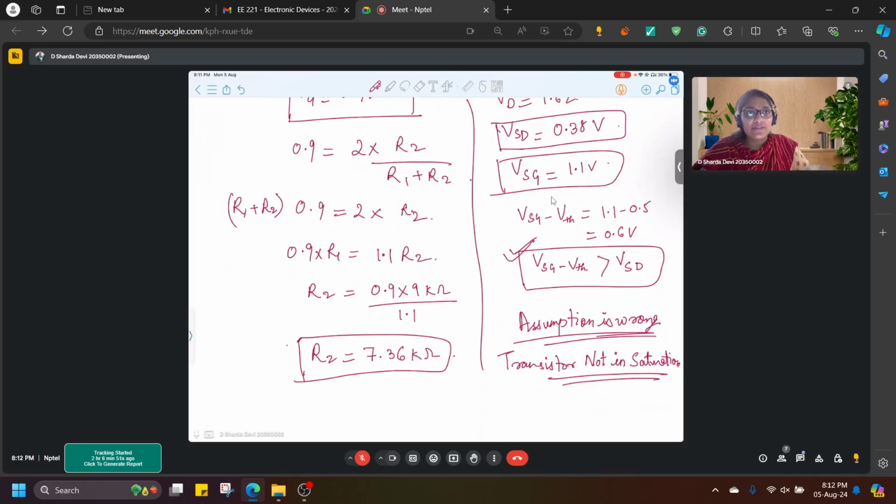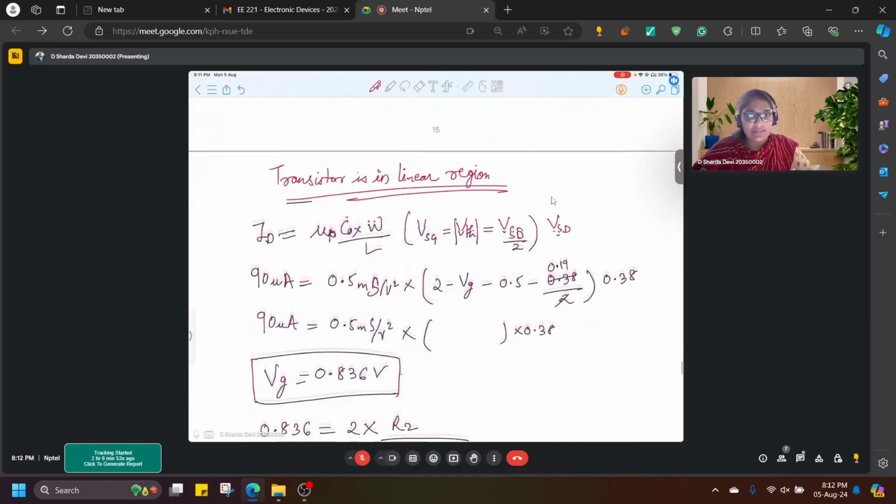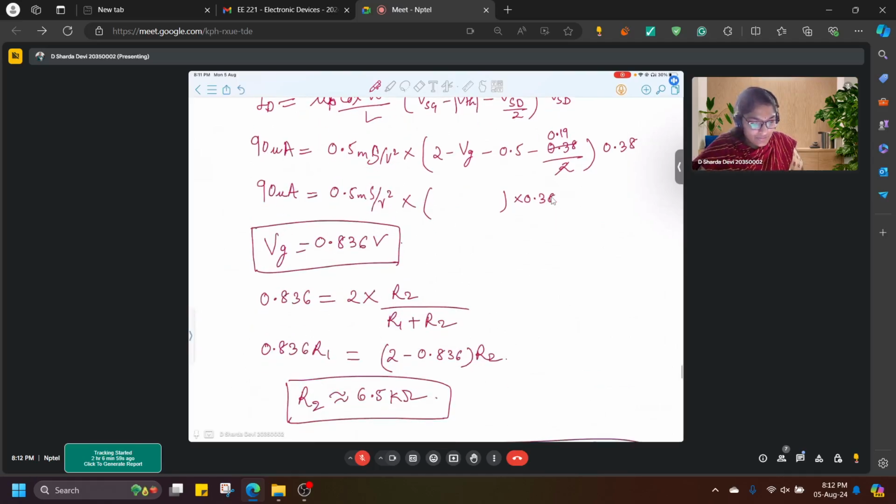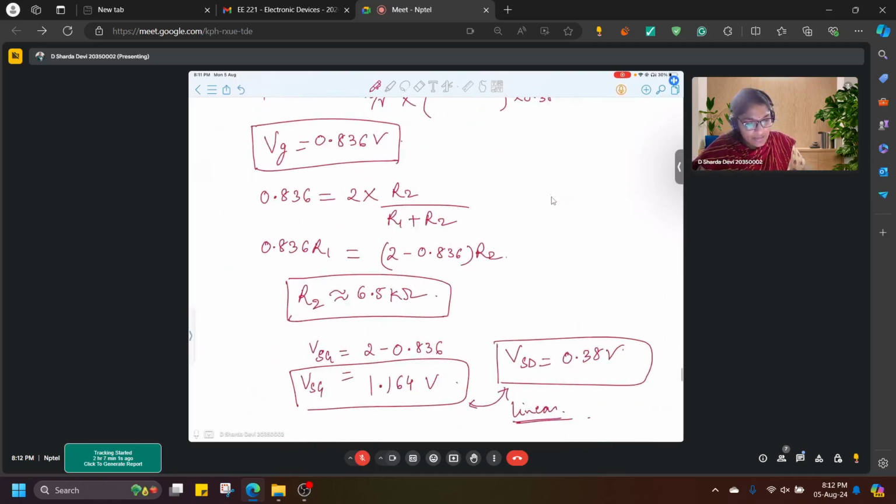So then we get to know the transistor is in linear region. So again, we are solving the current equation for linear region, and when we solve it, we get the answer to be 6.5 kilo ohms. And again, if we recompute it, so it's more like an iterative method, we see that we get it in the linear region. Did you get it?